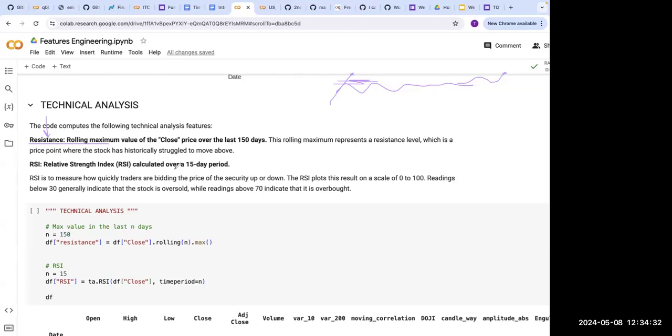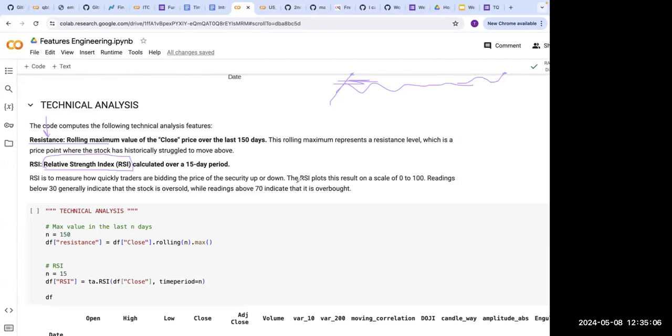Secondly, you can check RSIs for verifying other features that you have built and whatever conclusions you have made through them. RSI is the relative strength index, mostly used in conjunction with other features as well. What it measures is how quickly traders are bidding the price of the security, right? Like how much movement is there in the stock because of the current news.